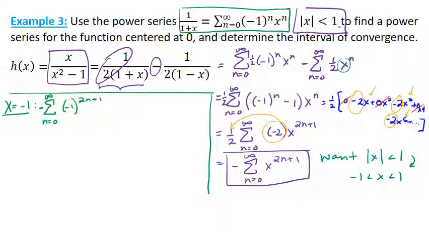I can write this as the following. Again, be cautious of this negative out here. -1 to an odd power, this will always be an odd number, will give us a -1.